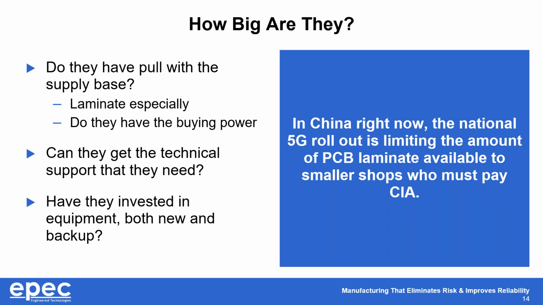One of the things that we've seen recently is in China, especially right now, there's a national 5G rollout, right? So the majority of the laminate is going towards people working on that. And so a lot of the smaller shops are really having trouble getting laminate, and they're having to pay cash in advance, which is also changing how they work with their customers as well.